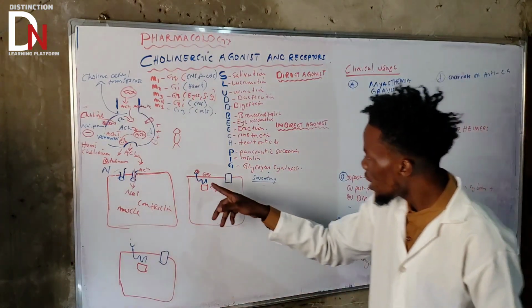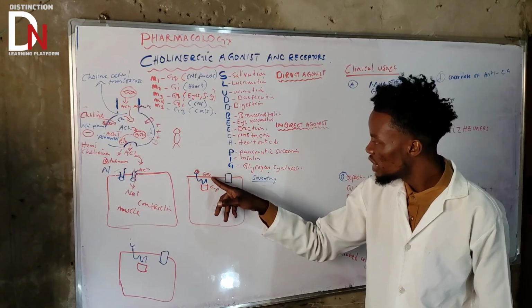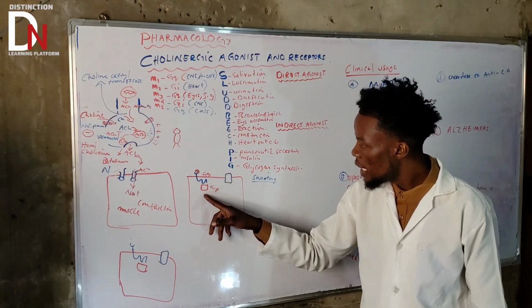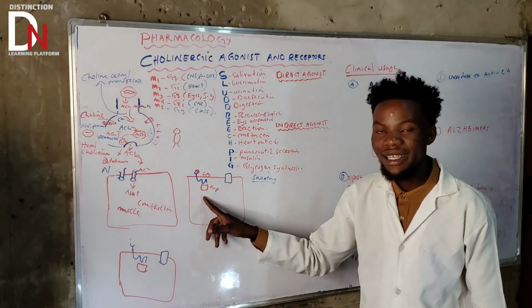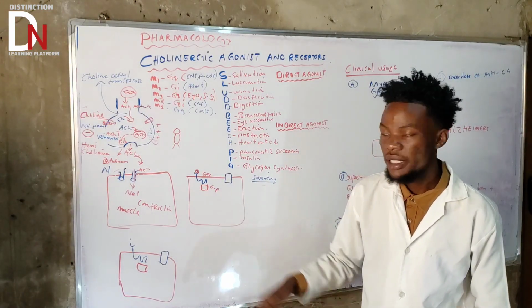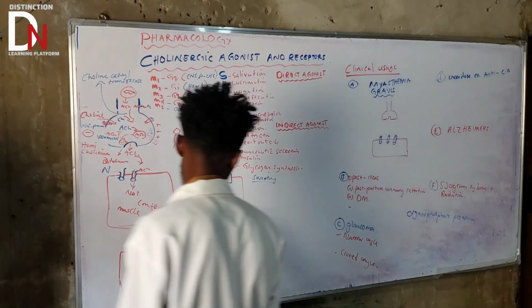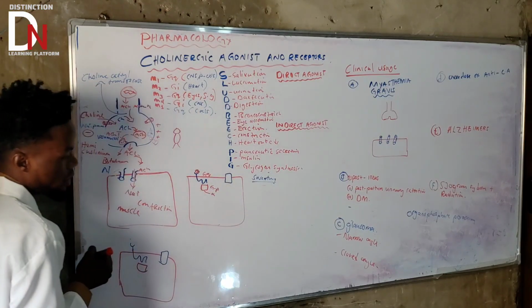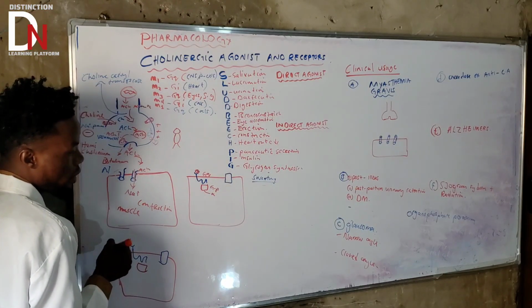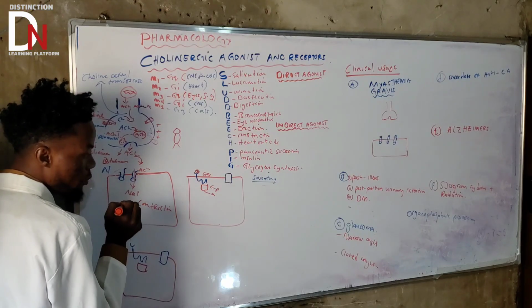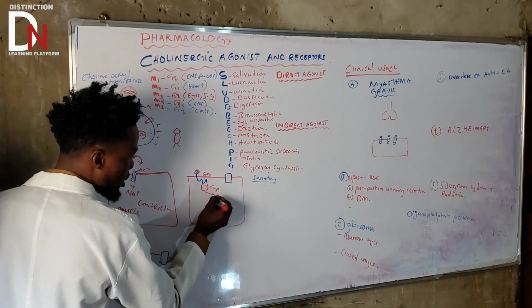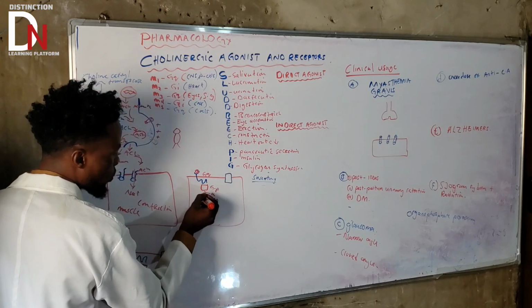If acetylcholine binds here on the GQ, the beta and gamma subunits are going to separate from the alpha subunit. So what you're going to have is the alpha subunit, which is going to bind GTP, and release what?